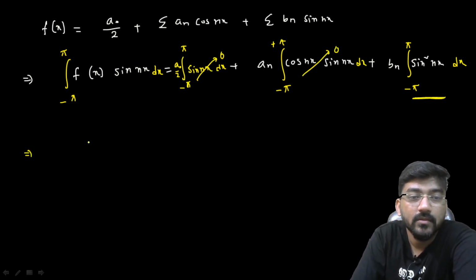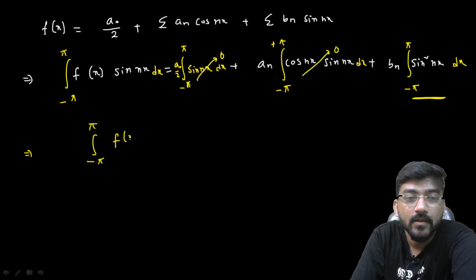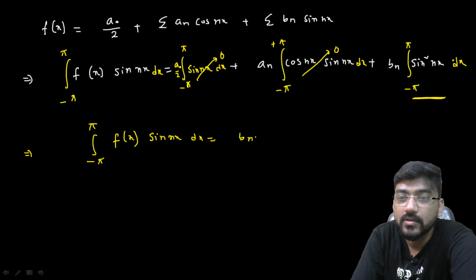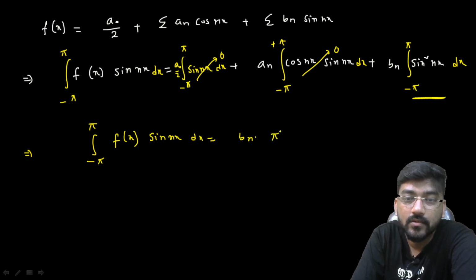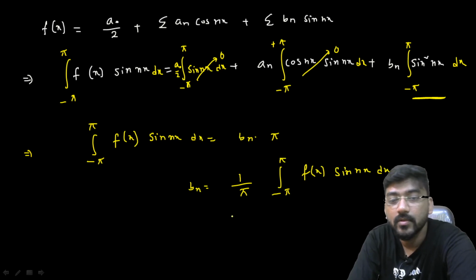So we will have again minus pi to plus pi f of x sin nx dx equal to bn into the value of this integration, which is pi again. So bn will be 1 by pi integration minus pi to pi f of x sin nx dx. This is the value of bn also.